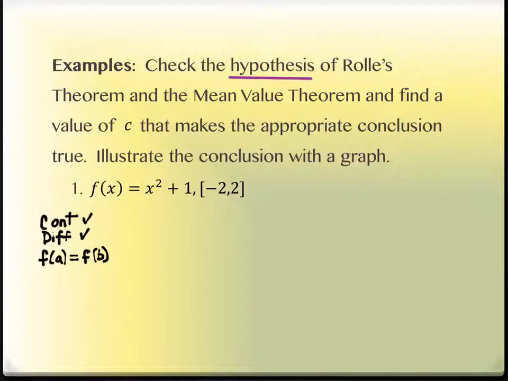Polynomial. This is a polynomial, right? Specifically, it's a quadratic, like a parabola, but this is a polynomial. Polynomials are always continuous, and they are always differentiable. We had a theorem back in Chapter 1 about continuity, and then a theorem in Chapter 2 about the differentiation of that. So these are both true, and the reason is because it's a polynomial.